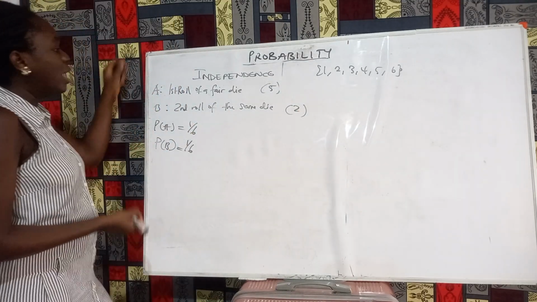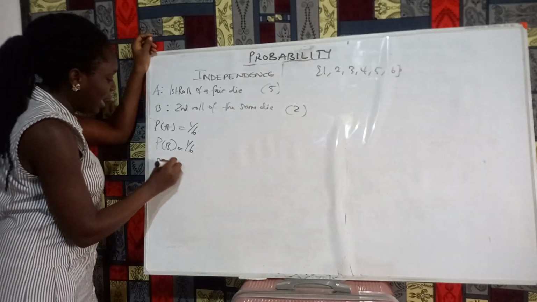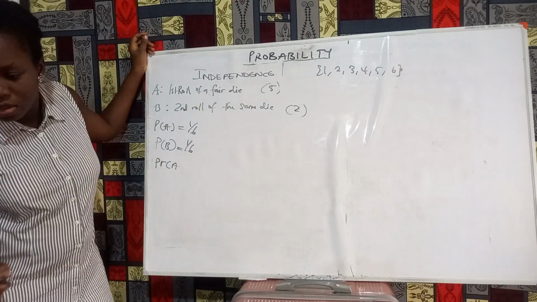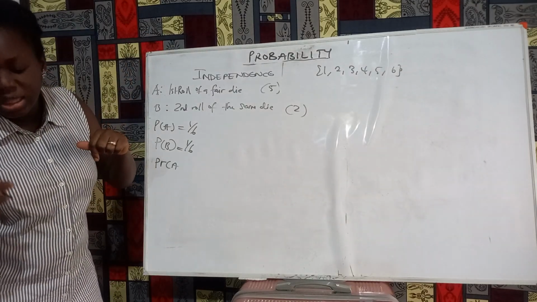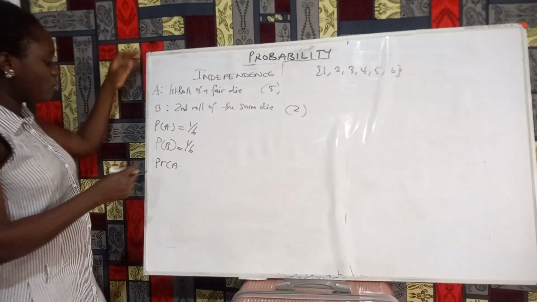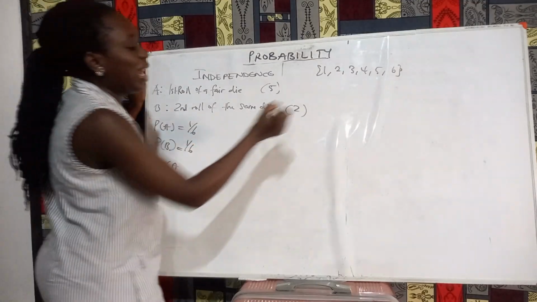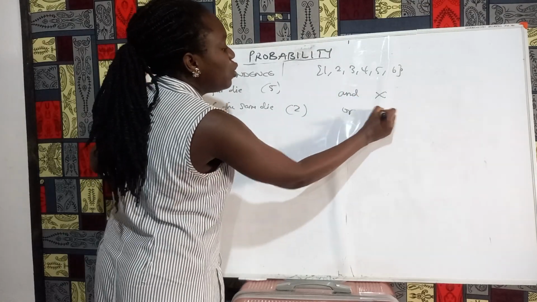So given that these two events are independent, we want to find the probability of getting 5 on the first roll and 2 on the second roll. In probability, the word "and" stands for multiplication, and for the word "or" we use addition.